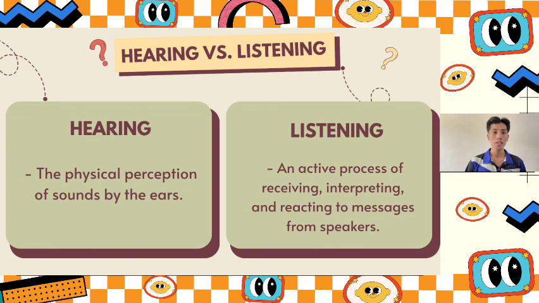You don't have to do anything for hearing to occur, it simply happens. Think of it as the reception of sounds. Hearing is involuntary, so sounds reach your ears whether you want them or not.